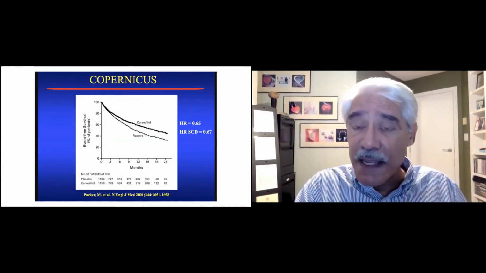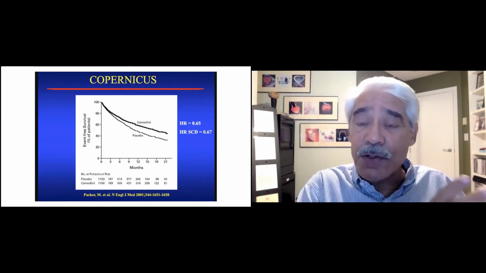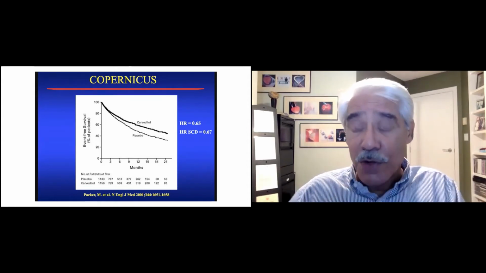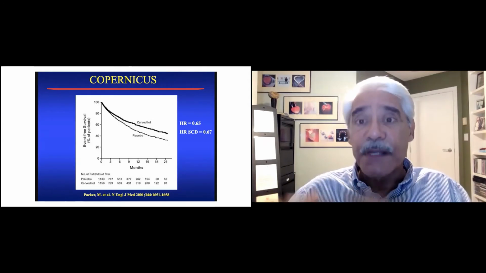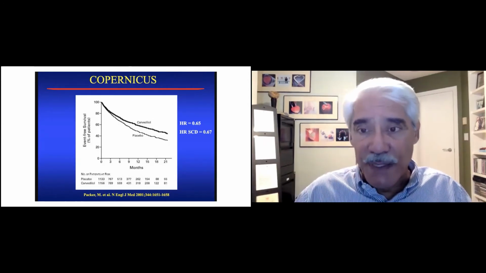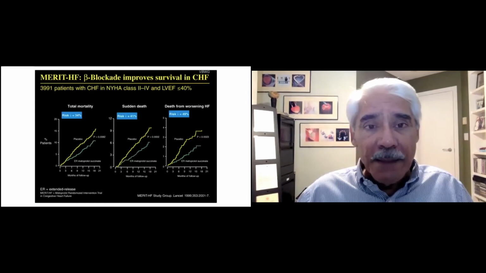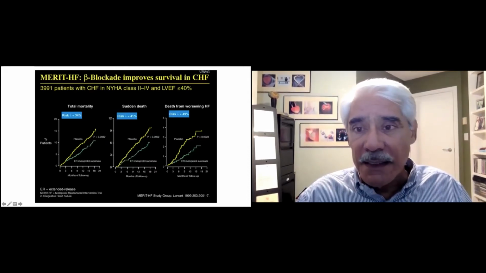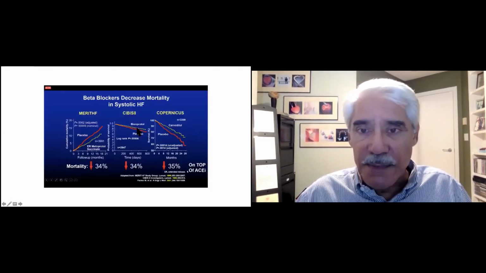And until then, if you remember, we used to be taught that beta blockers are contraindicated in heart failure because they decrease contractility. Well, through the neurohumoral system, the benefits are much greater with the use of beta blockers. And not only do beta blockers decrease overall mortality, they decrease death from worsening heart failure and sudden death, as I explained to you.